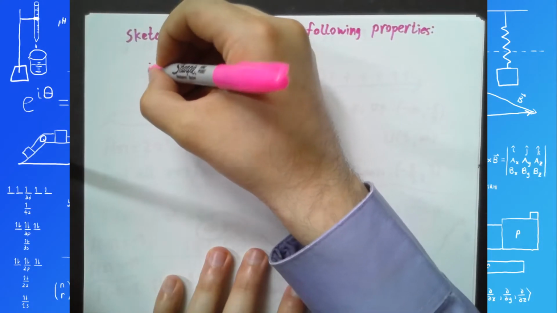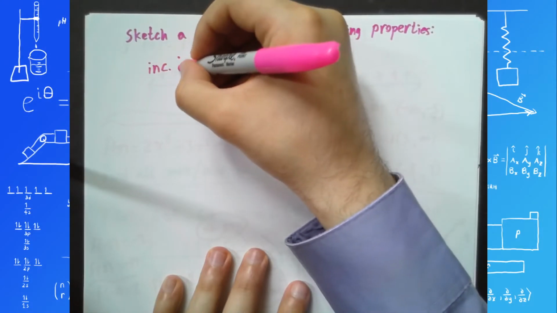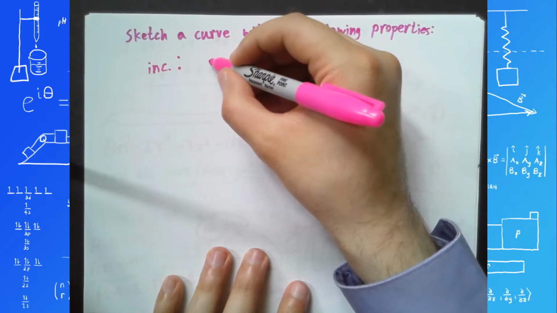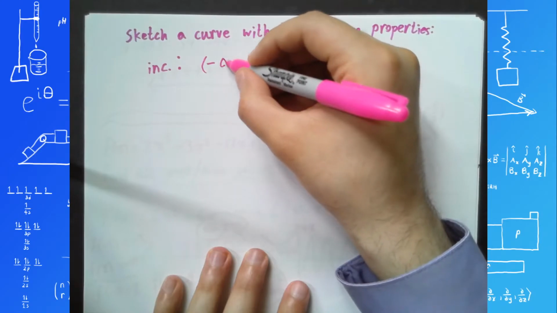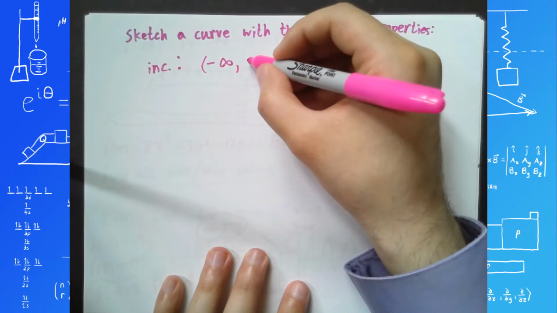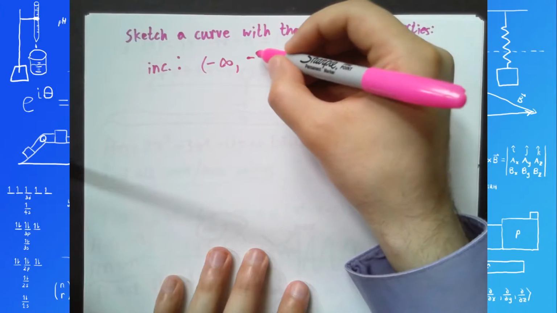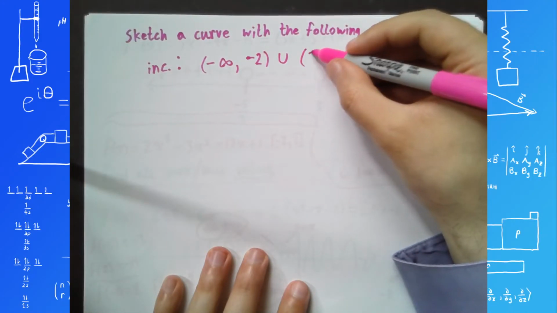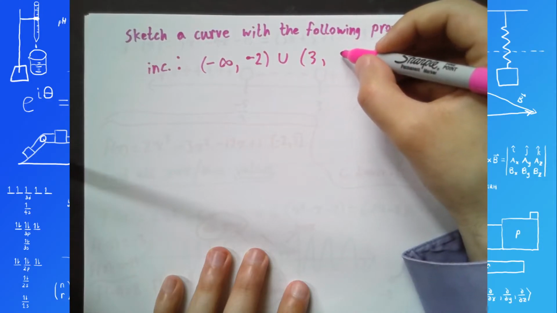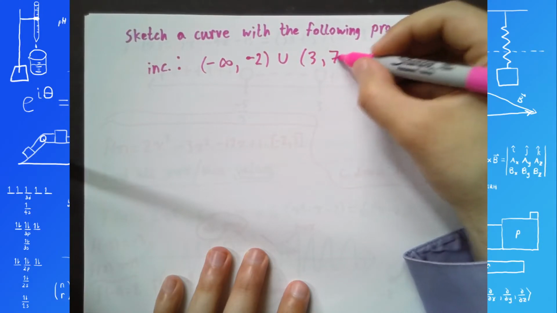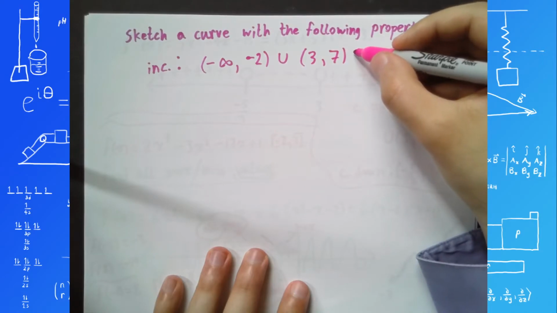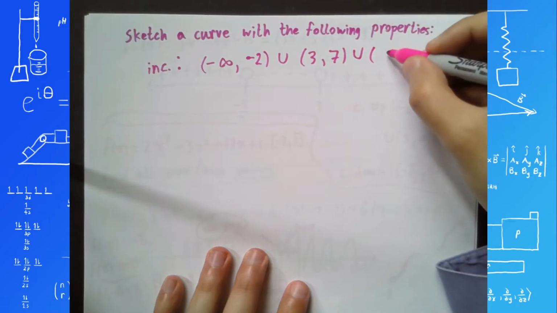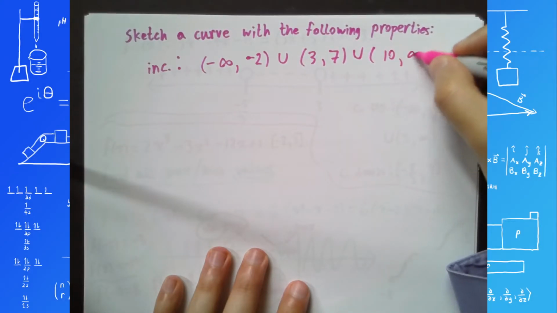Let's say it's increasing from negative infinity to negative 2, and then from, let's say, positive 3 to 7, and then from, let's say, 10 to infinity.